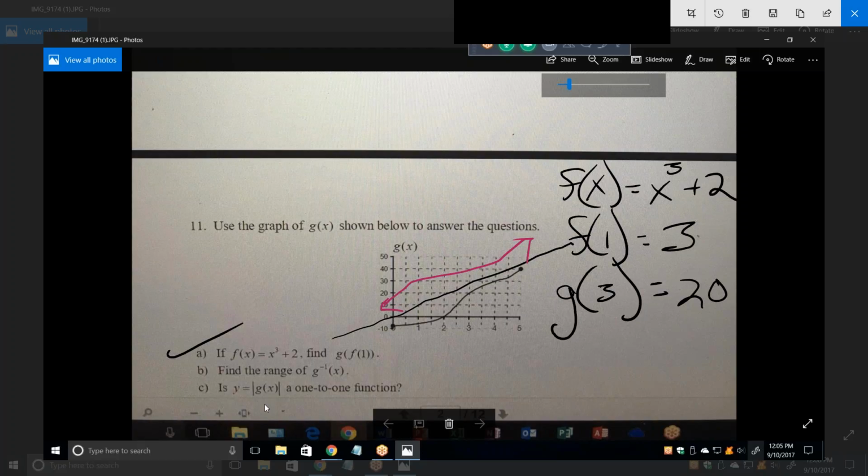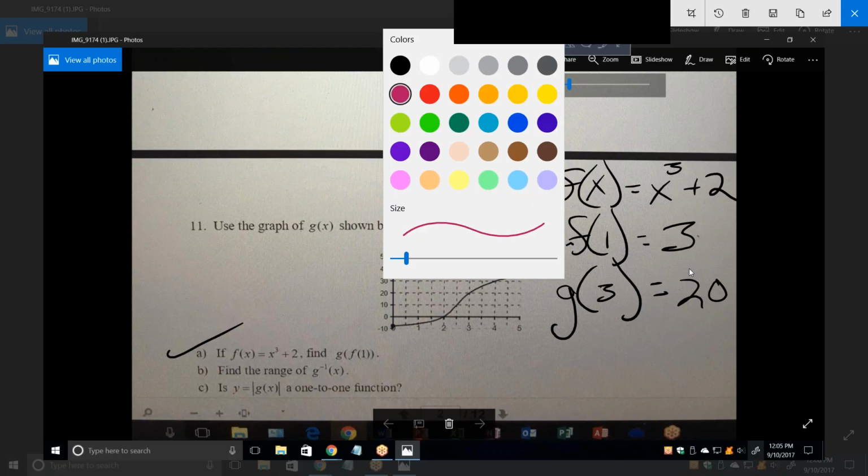Is the absolute value of g of x a one-to-one? Well, first of all, let me erase the pink, because that's no longer the function they're talking about. They're talking about this one here. Is the absolute value of that a one-to-one function? Well, first of all, what would the absolute value of that look like?